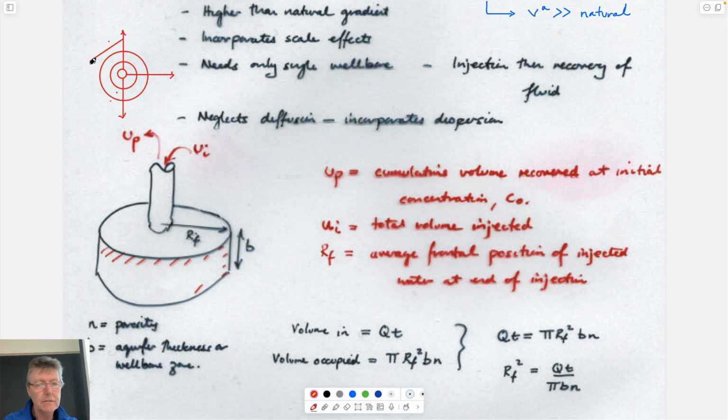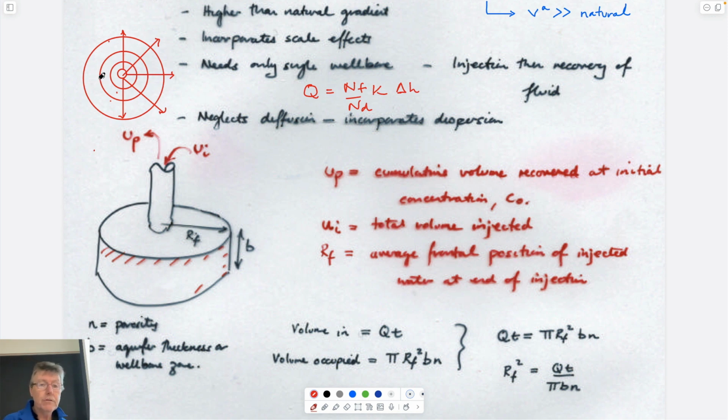These aren't the best flow nets because I've already violated some of the tenets, right? So it doesn't matter. So you remember flow nets? You remember that you can get the volumetric flow rate, which is equal to the number of flow tubes divided by the number of drops multiplied by hydraulic conductivity times the head drop across the system.